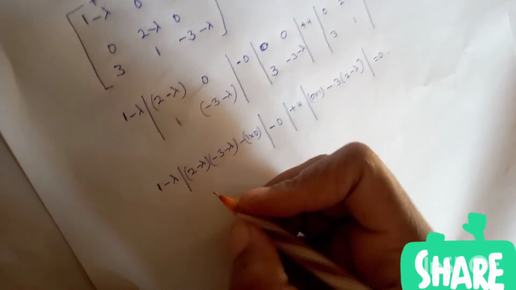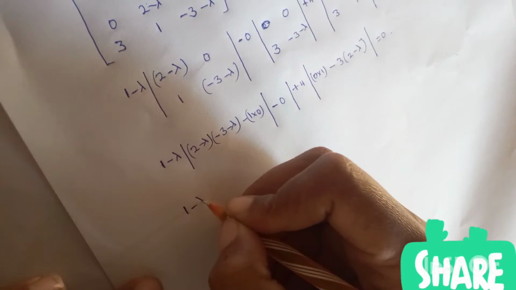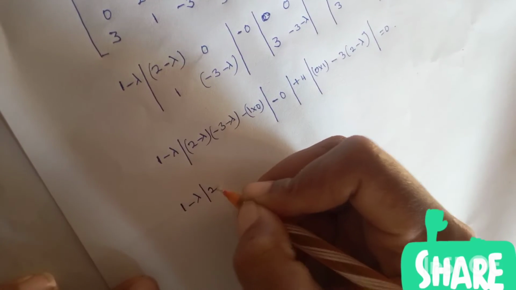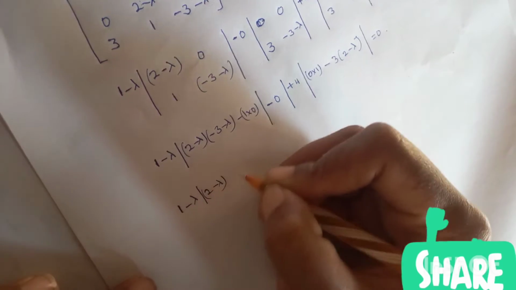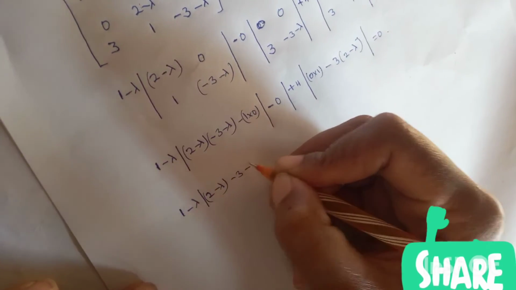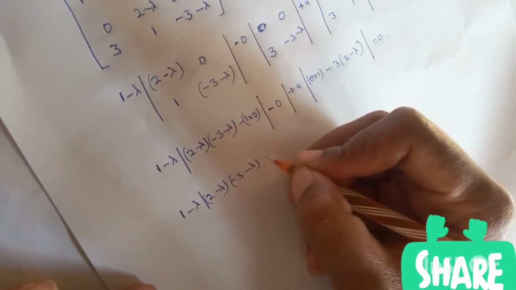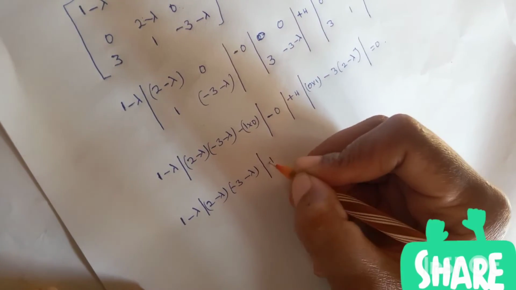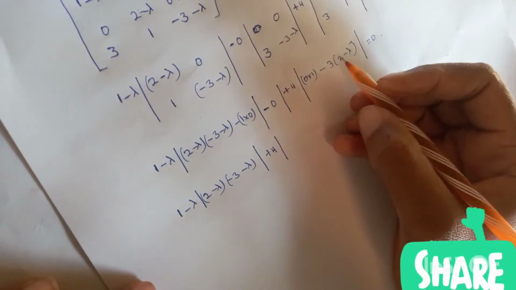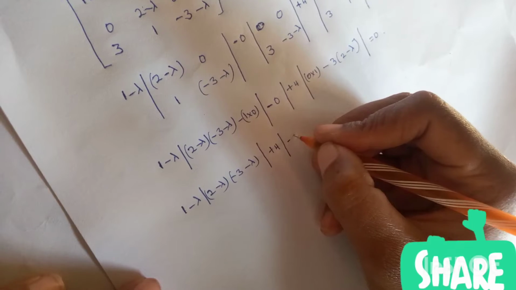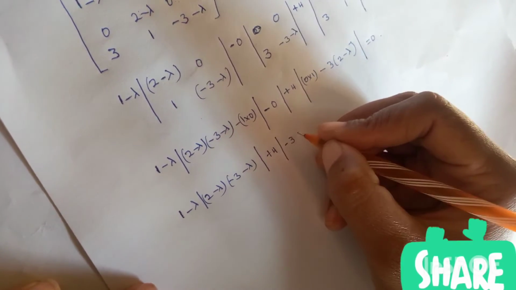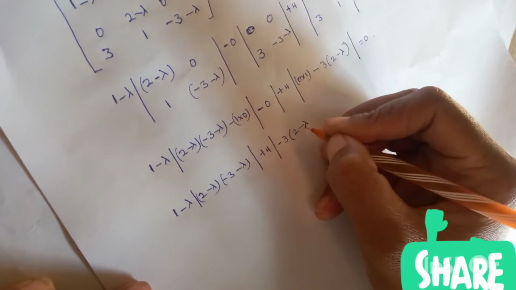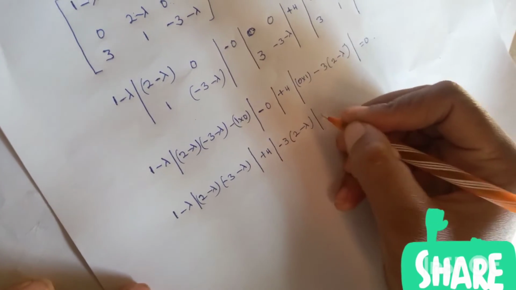So we remain with (1 minus alpha)(2 minus alpha)(negative 3 minus alpha), then plus 4 times negative 3 times (2 minus alpha), equals 0.